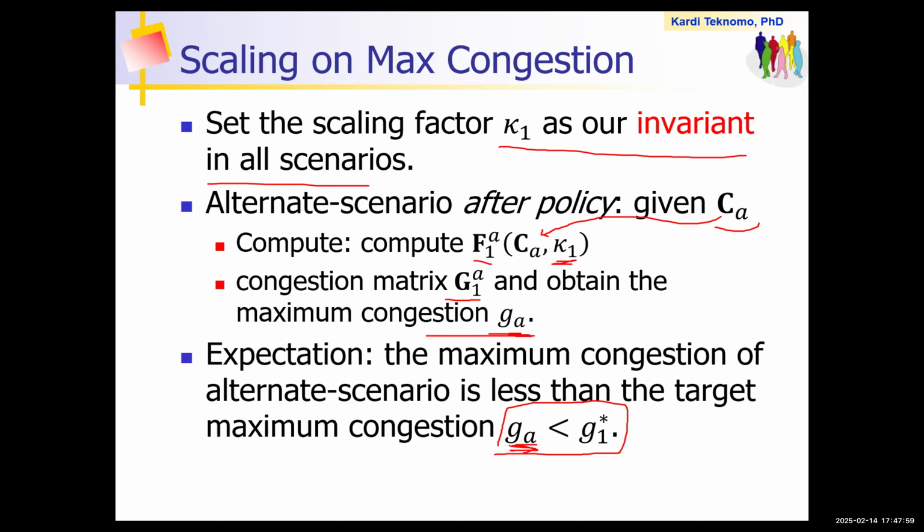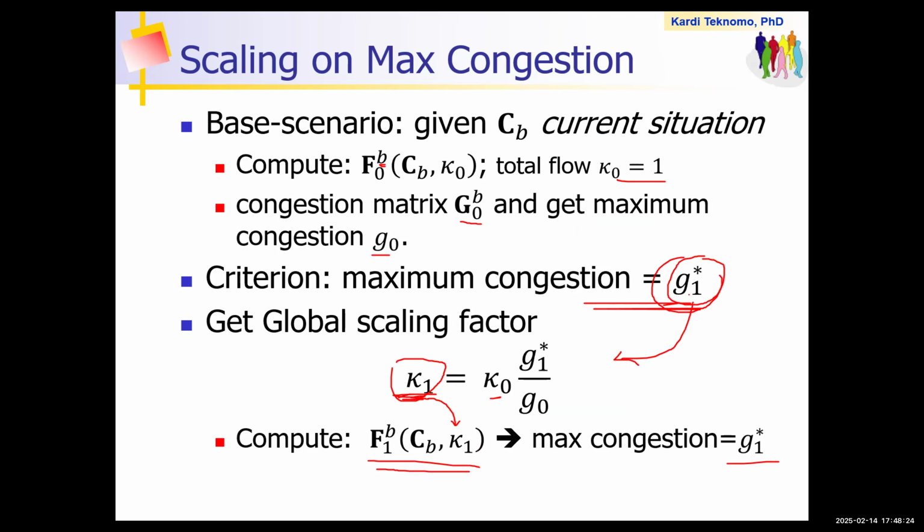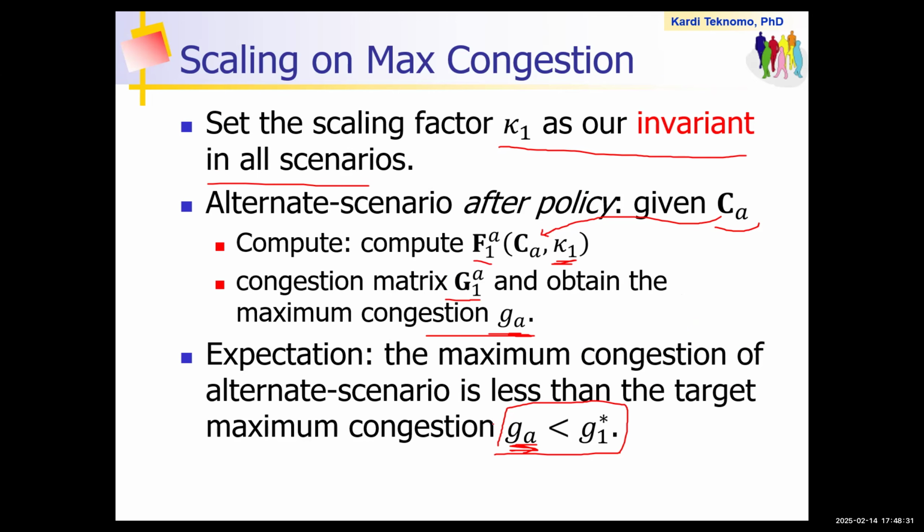Can you see the whole thinking here? You don't really need data. The data you need is the network itself or the number of lanes, but you don't need OD data or even flow data. Why? Because all you need to do is set any value of G1, and then have two scenarios, the base scenario and the alternative scenario, with whatever policy you want.